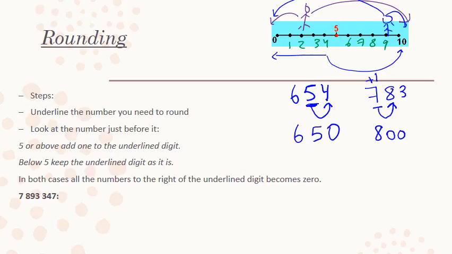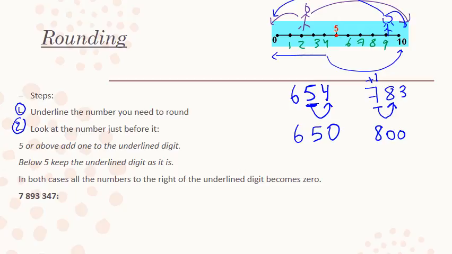Let us see the steps. So the first thing you need to do is to underline the number you need to round. The second thing is you need to look at the number just before it. If the number just before is 5 or above, you add 1 to the underlined digit. If it is below 5, you just keep the underlined digit as it is.